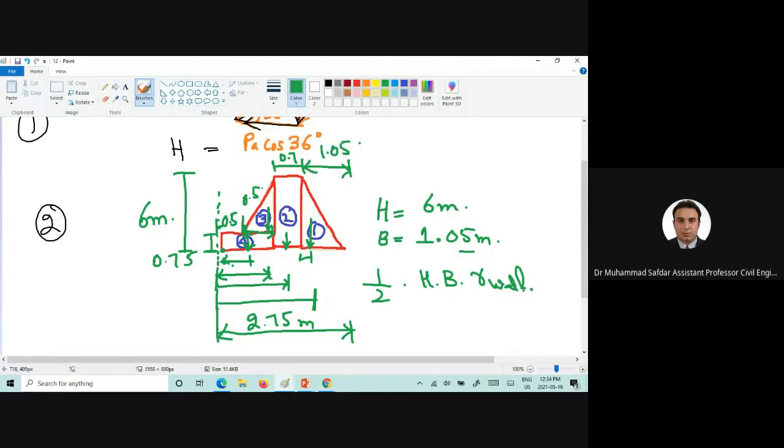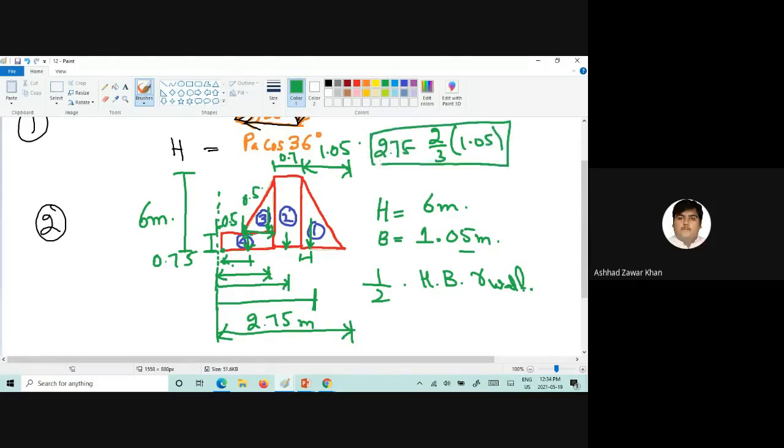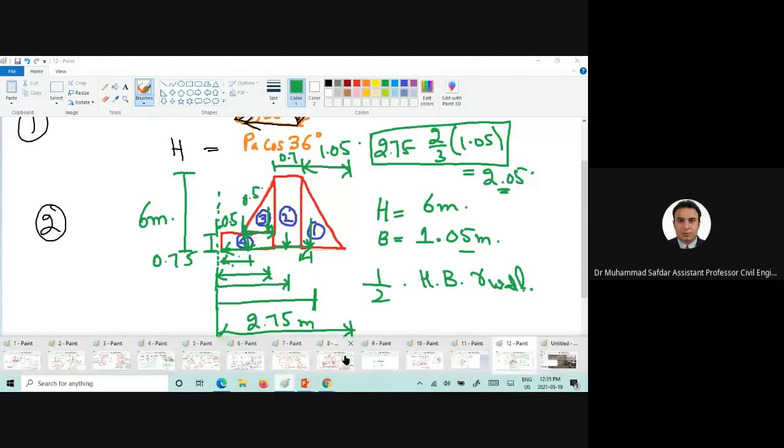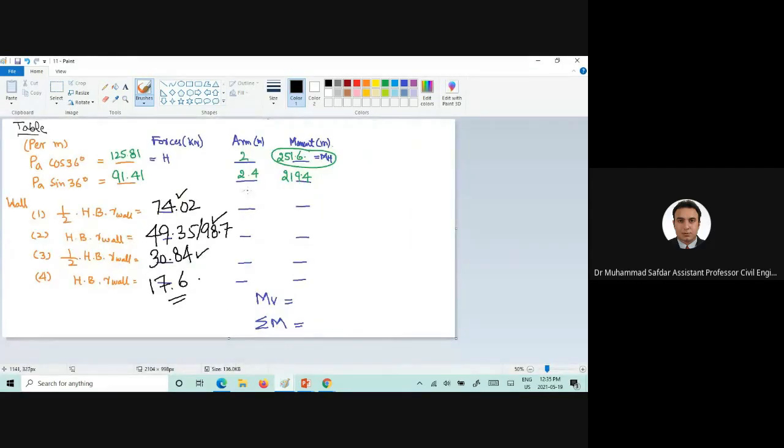Now for the first one, if you just subtract the 2/3 of 1.5, this will be the moment arm for the first portion. Agree? Let me check here. Yeah, it's right. It's 2.05.